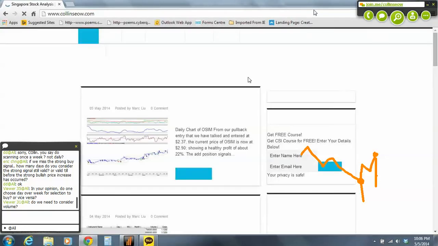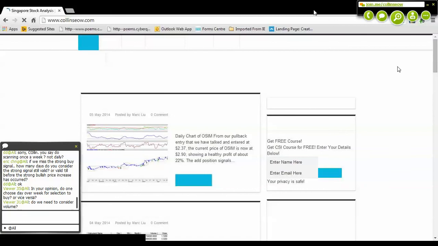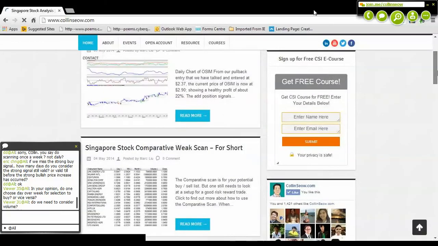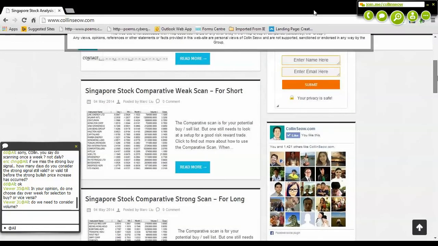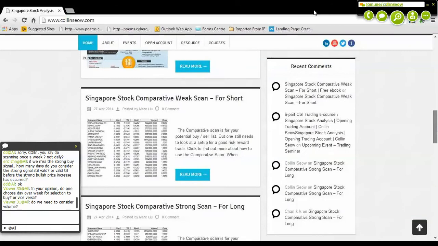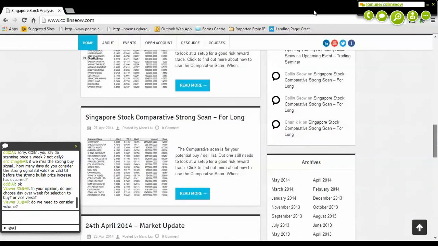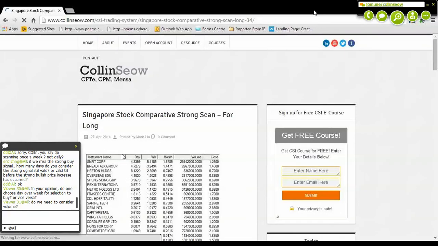So for example, this is for yesterday. Let's look at last week's one. Last week comparative strong stock. This is on the 27th of April. You follow?